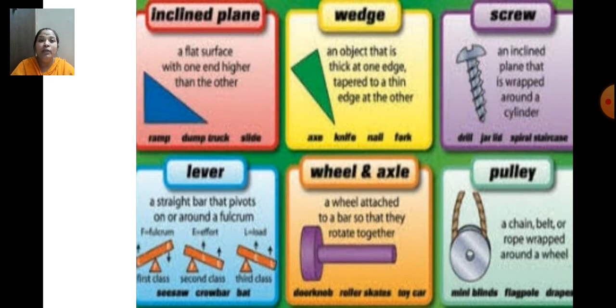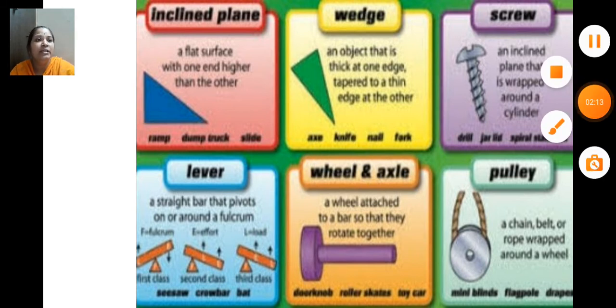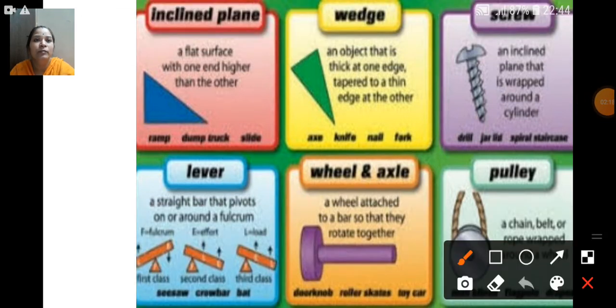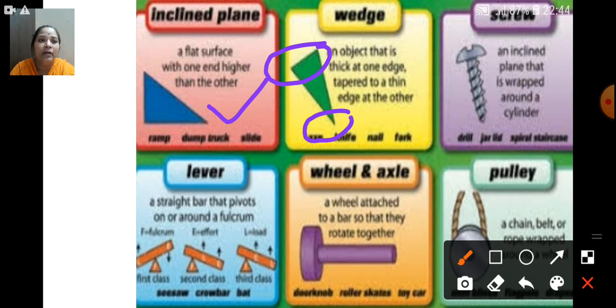Now inclined plane, if you can see here in this picture, children, a flat surface with one end higher than the other. This is what? Inclined plane. Now wedge, an object that is thick at one end and thin at the other end.